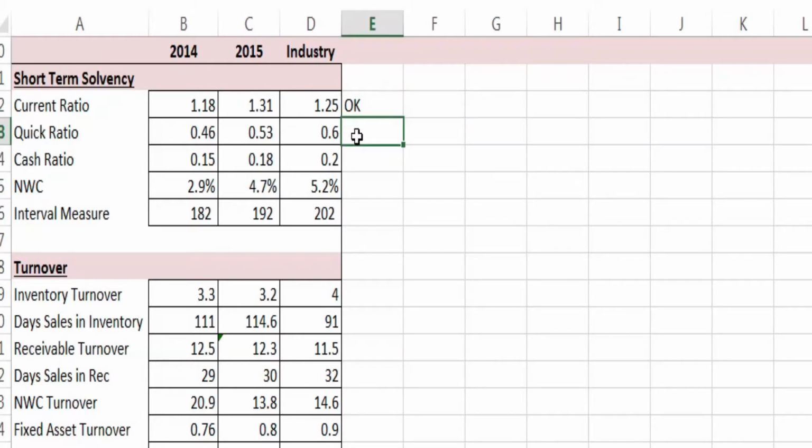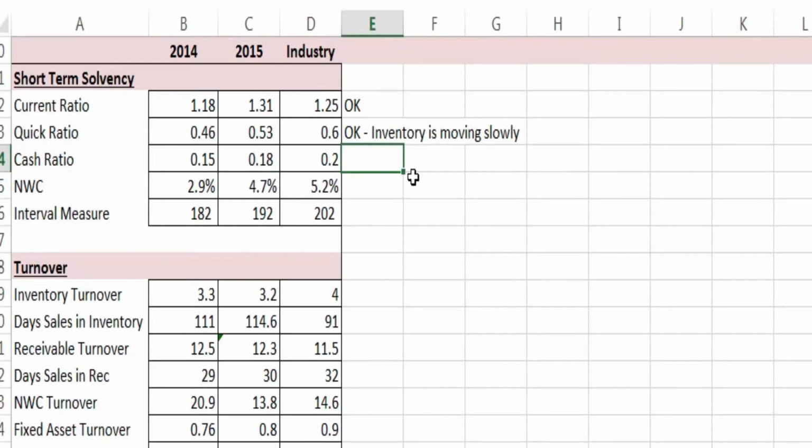So even though this is still an okay ratio for the company, it's something you might want to look at because obviously inventory is moving slowly. And we can check out the turnover ratios to help us kind of better understand what's going on with inventory.